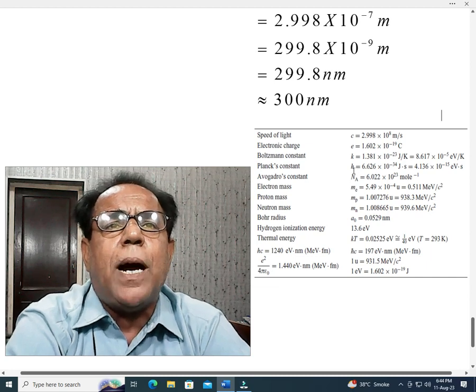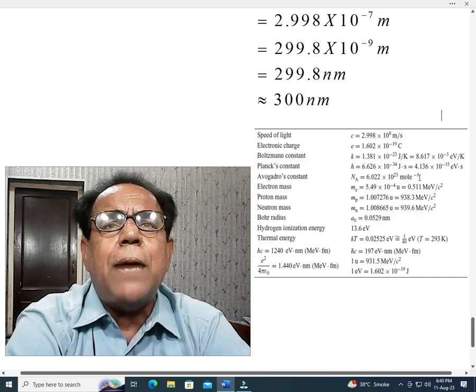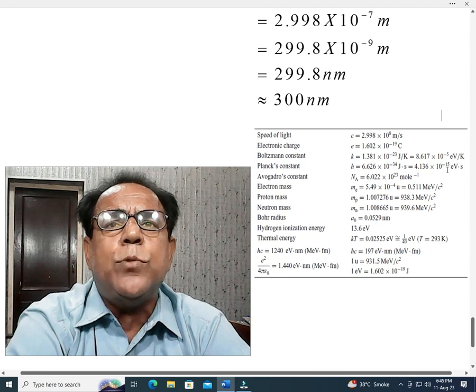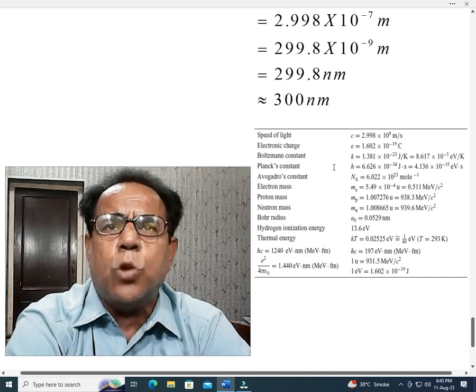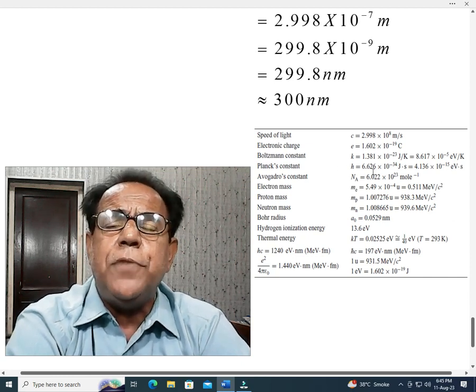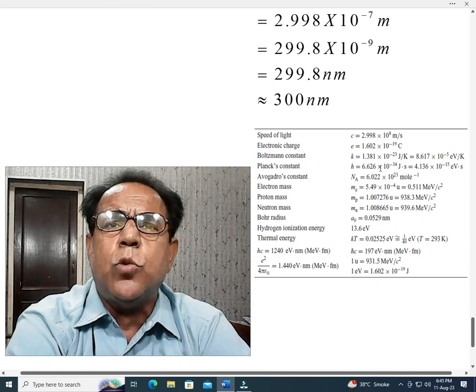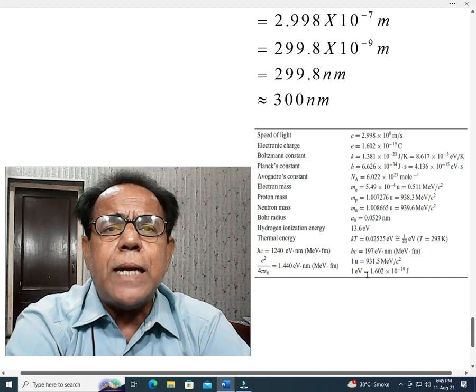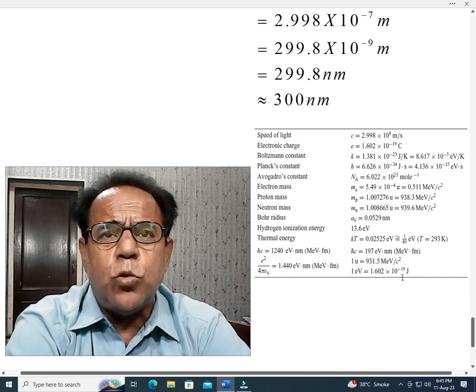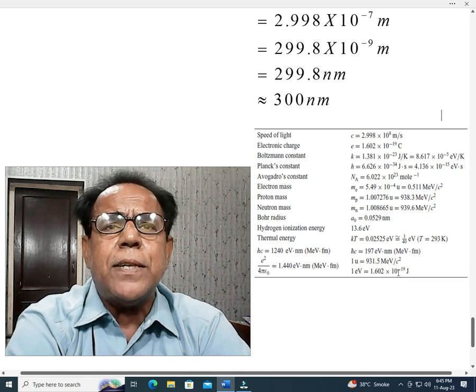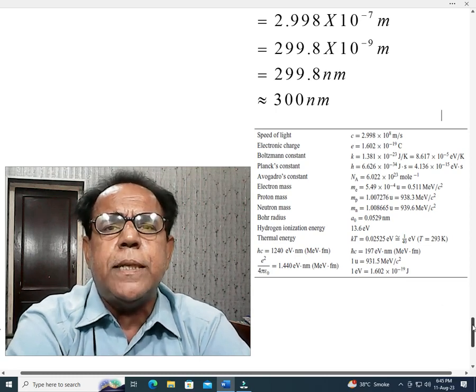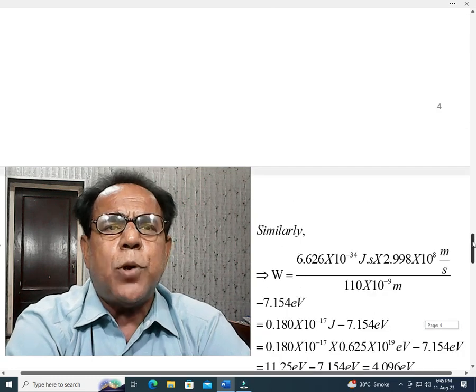Similarly, the value of Planck's constant h, which we have to determine, is given in two different units, joule second and electron volt second. We will find out both, and we will see that both will be very closely equal to these two. Moreover, 1 electron volt equal to 1.602 into 10 raised to the power minus 19 joule. This conversion factor will also be used in this problem.